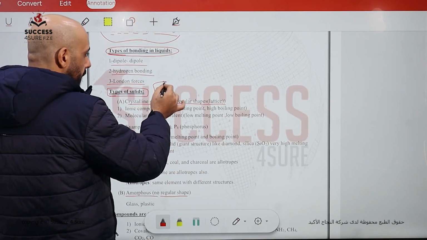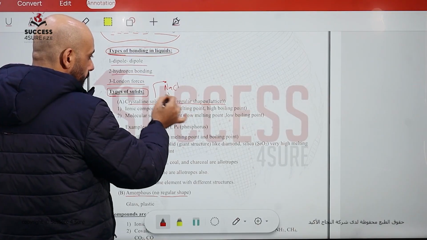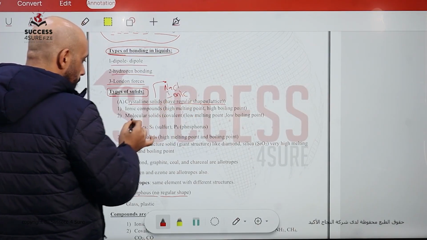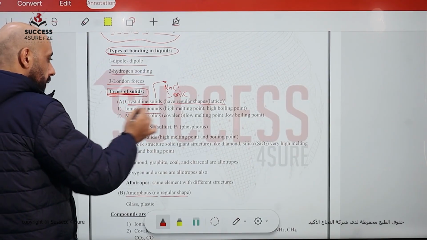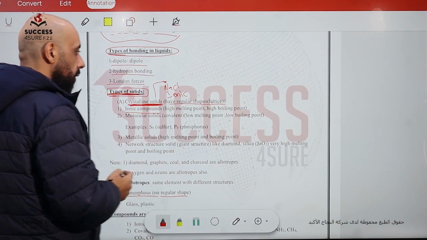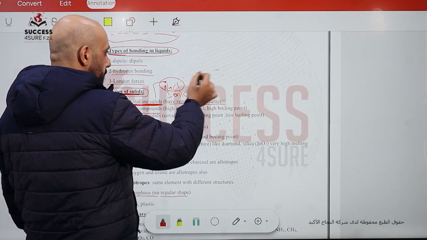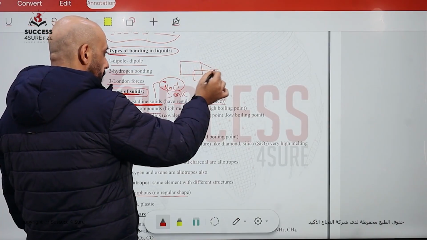Crystalline solids have a shape or lattice, like NaCl, which is an ionic compound. And this ionic compound is classified as just one of these types of solid. It's classified as a crystalline solid. NaCl has its own structure, which looks like this, like a cube.